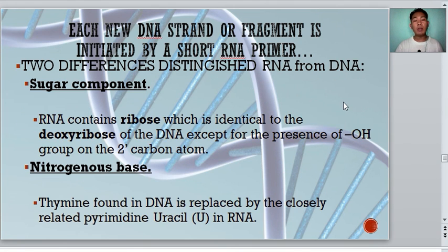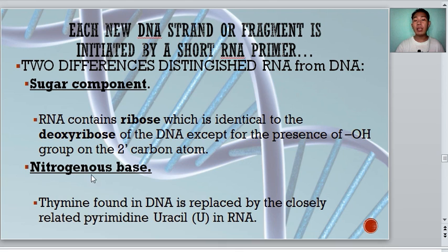So how do we distinguish RNA from DNA? First, we can distinguish RNA from DNA through its sugar component. So RNA contains ribose, which is identical to the deoxyribose of the DNA, except for the presence of an OH group, or the hydroxyl group, on the 2' carbon atom.